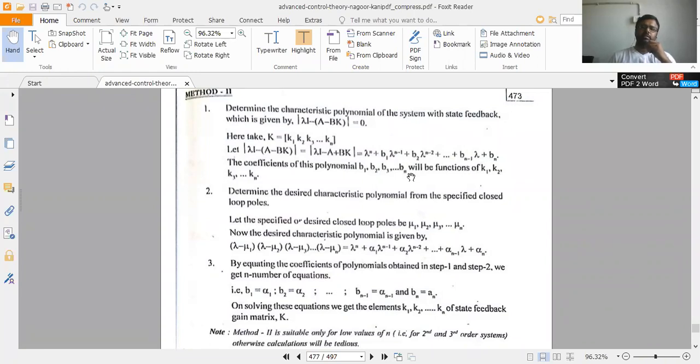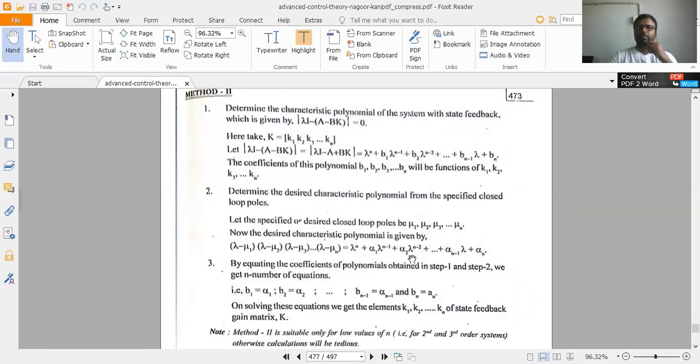After that, we have to equate the coefficients of the characteristic equations obtained in step 1 and step 2. That means the equation obtained in point 1, lambda power n plus v1 into lambda power n minus 1 and so on, has to be equated to the equation obtained in point 2.